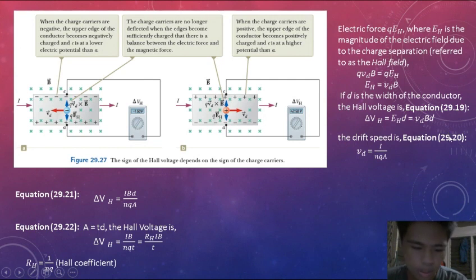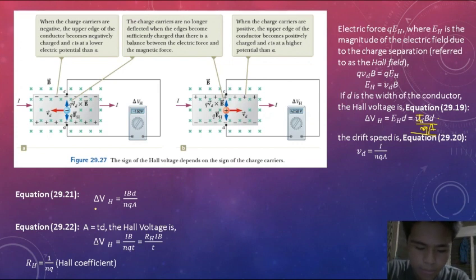Substituting equation 29.20 into 29.19, we can have equation 29.21. Since vd is equal to current I over nqA, we put it as I over nqA, and this equation is our equation 29.1.